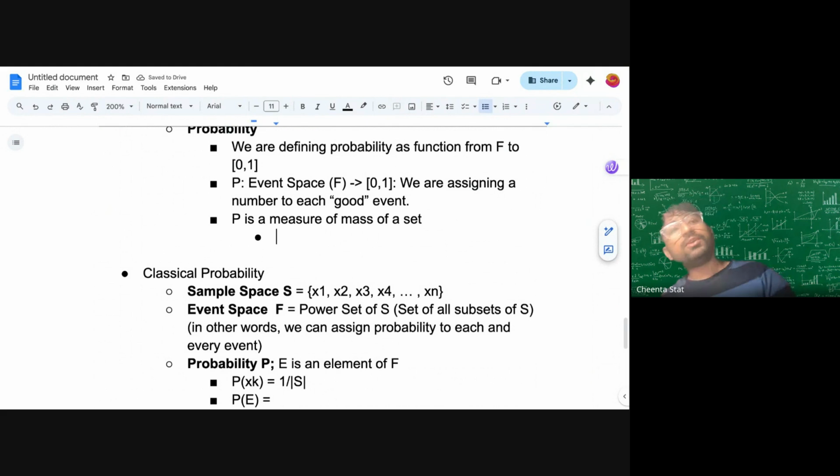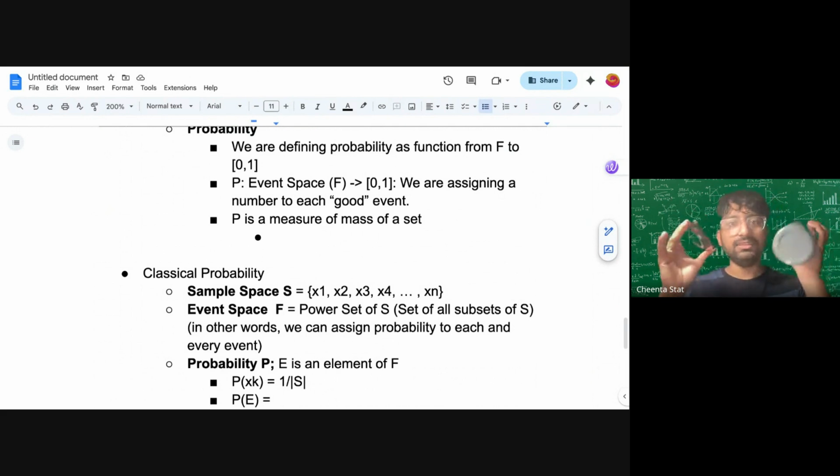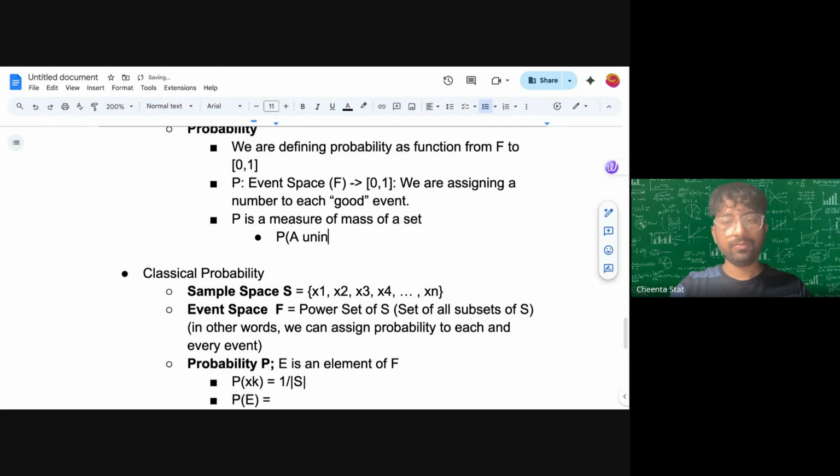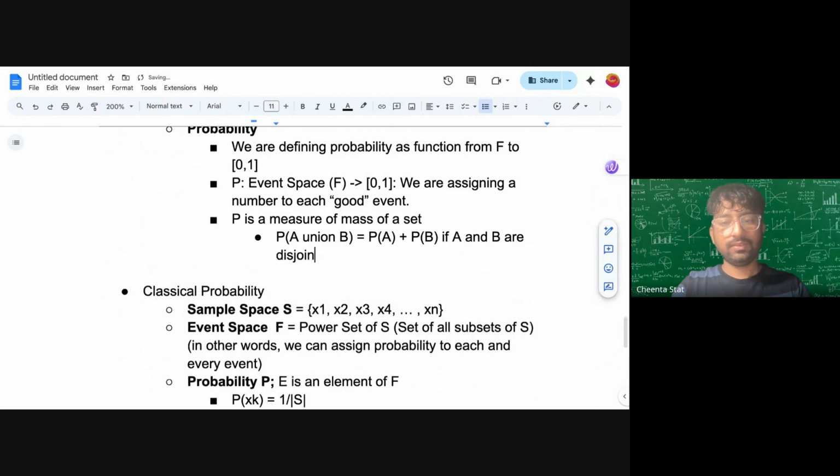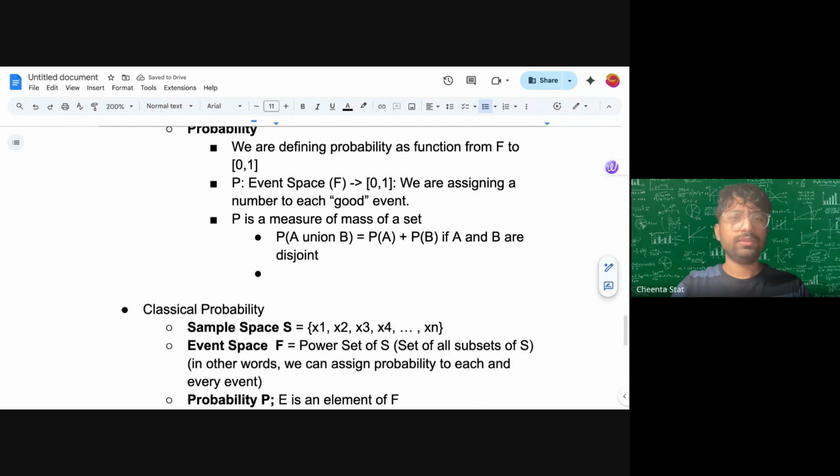If you have a phone and a bottle and you consider their volume or mass, they are set A and set B. So the probability of A union B is the probability of A plus the probability of B, given that they are disjoint, not overlapping. What other probability properties are there?